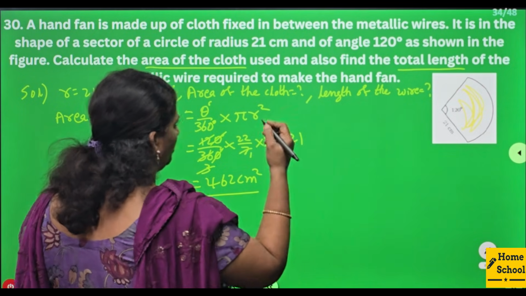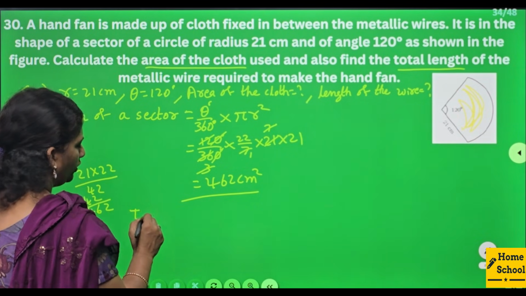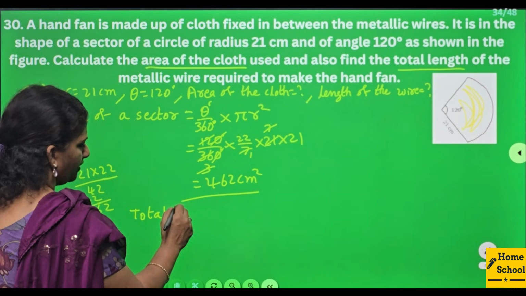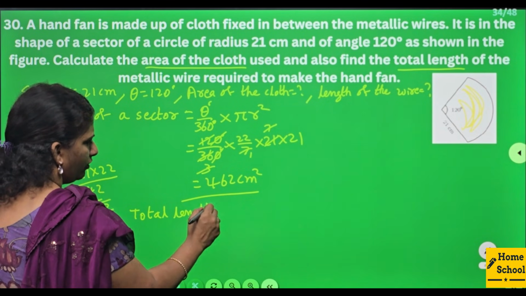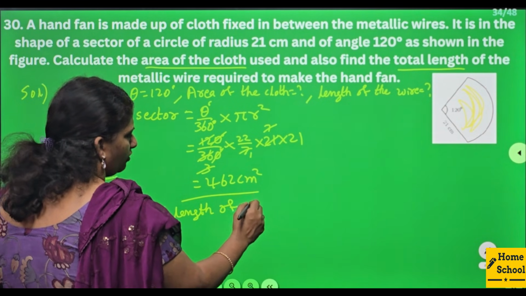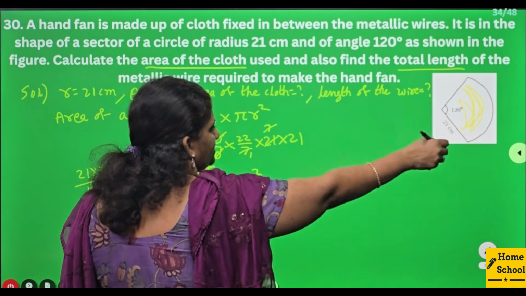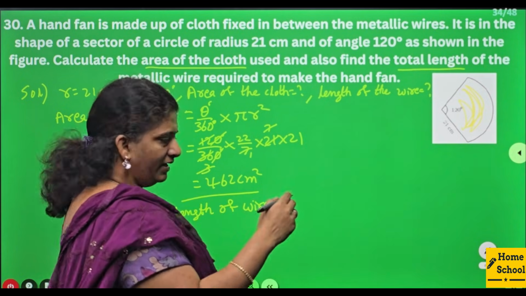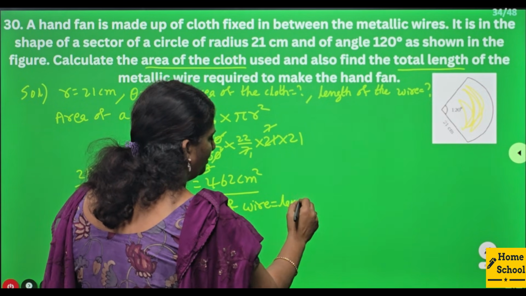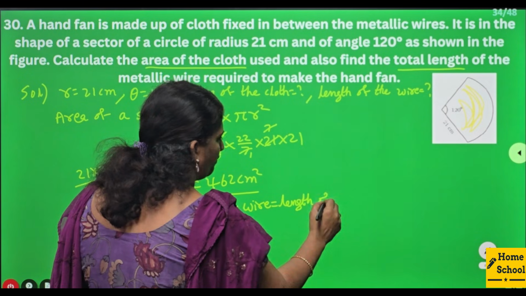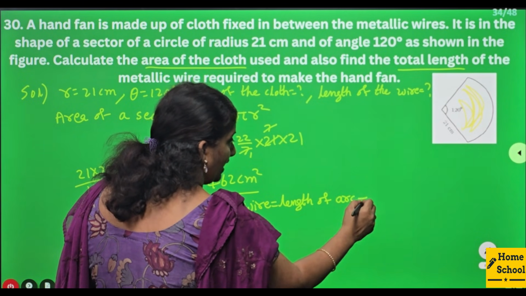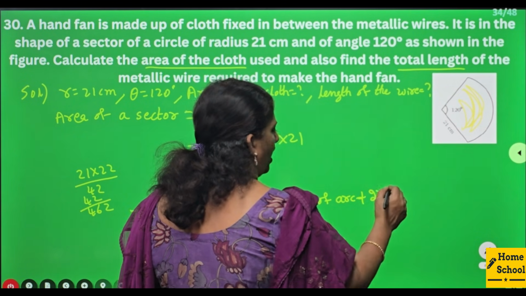And your second question, total length of the wire. How we are going to get? Total length of metallic wire is equal to, you can see the arc, right? If you are able to find length of arc plus 2r.